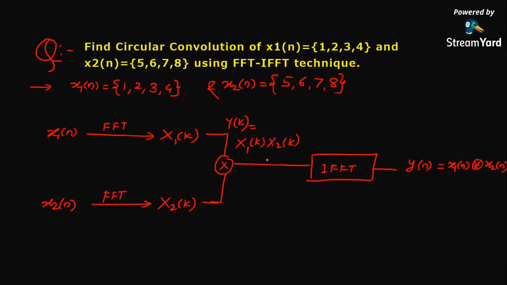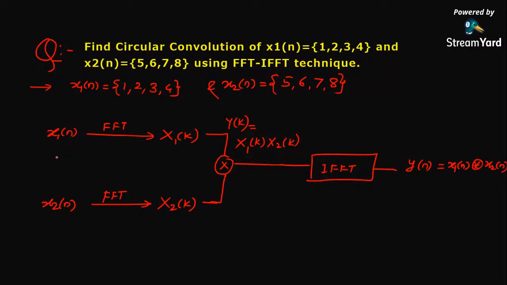This is the DFT property that we have discussed. In DFT or FFT, circular convolution in the time domain is simply multiplication in the frequency domain. By using that property, we find the circular convolution of the numbers.